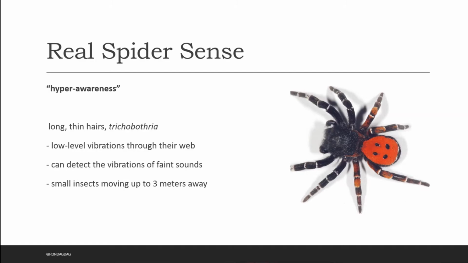They can actually detect sounds, that's how sensitive those hairs are, in order to detect if there's prey to eat, right? They can detect small insects moving up to 3 meters away, and I think it's amazing how these spiders evolved that way.